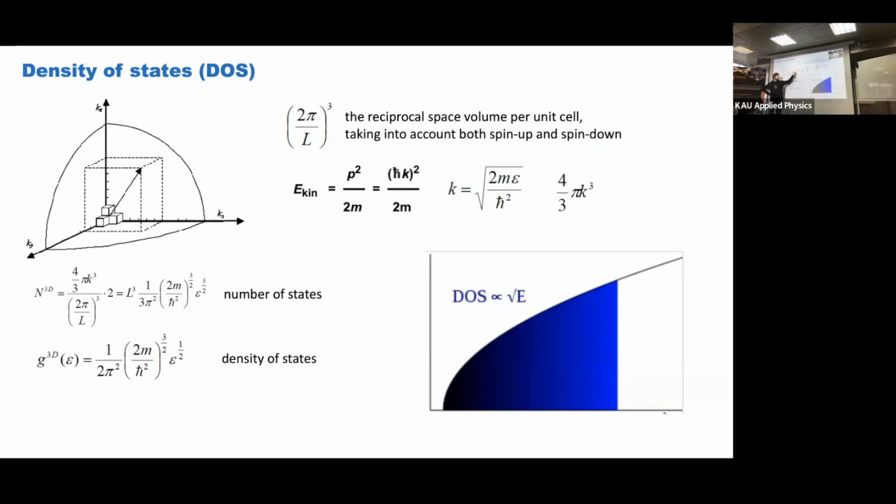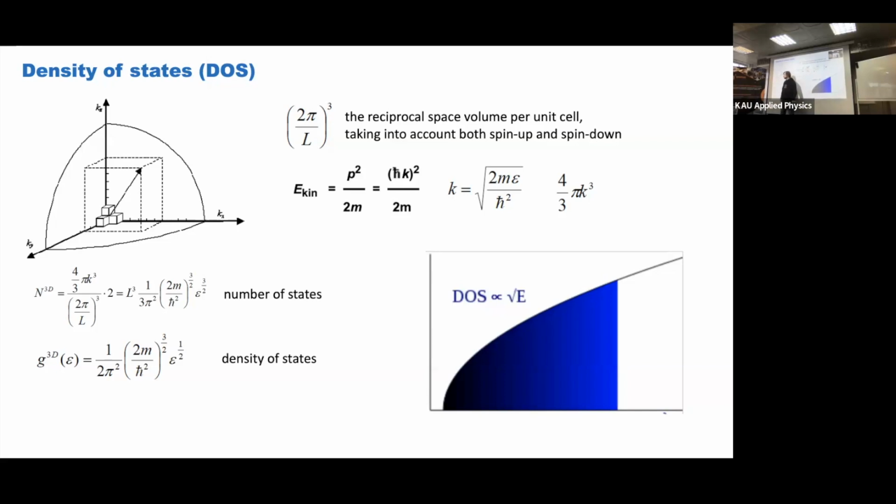Then I take the common formula of kinetic energy, p squared over 2m. Here p is ħk, the momentum in this reciprocal space of some particle, and then I can take k from this formula.